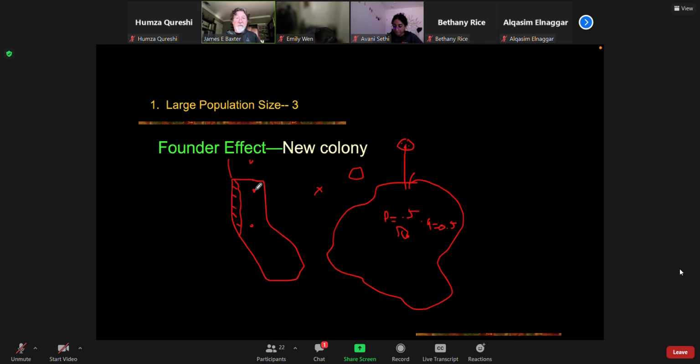One of the problems with long generation times or long lifespans like redwood trees is that we're looking at thousands of years sometimes from one generation. Well, they have overlapping generations, but sometimes environmental conditions change faster than that.